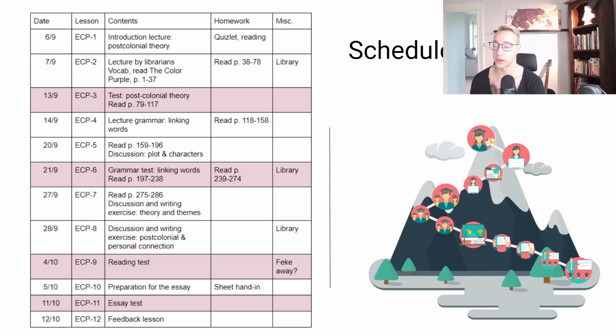You can see here that we're at the very top right now, so ECP-1, the introduction lecture, and then the second class, you are going to be introduced to the color purple, and when you've been introduced to it, you will then start reading it together with myself and the other teachers. The idea here is that we'll read most of the book together in class, so we'll be able to address any questions and also to discuss the contents.